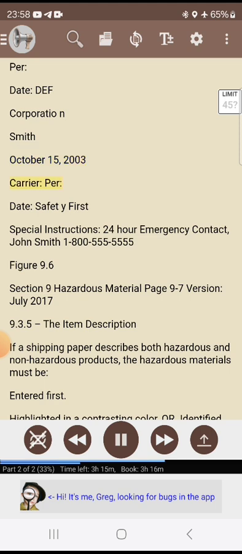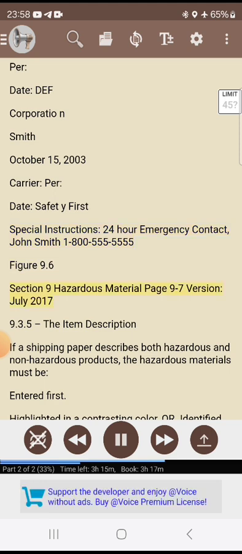Carrier, per, date. Special instructions. 24-hour emergency contact: John Smith, 1-800-555-5555. Figure 9.6. Section 9 Hazardous Material, page 9-7, version July 2017.